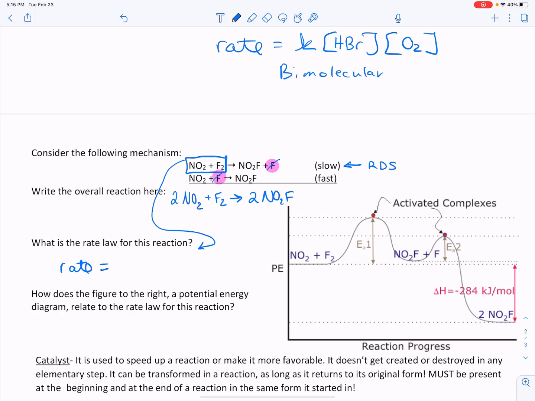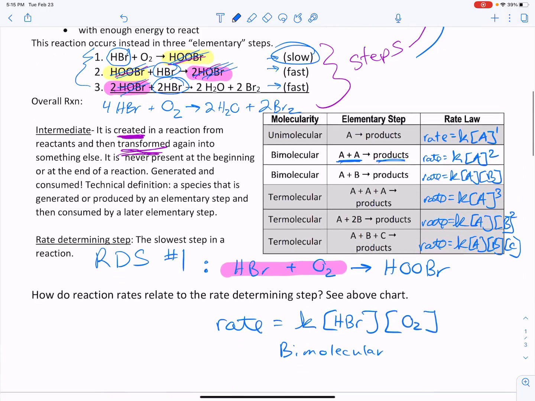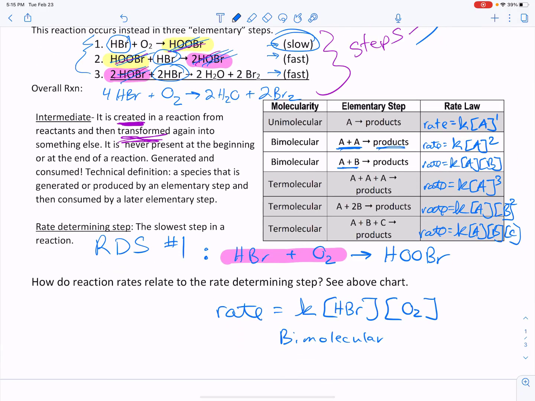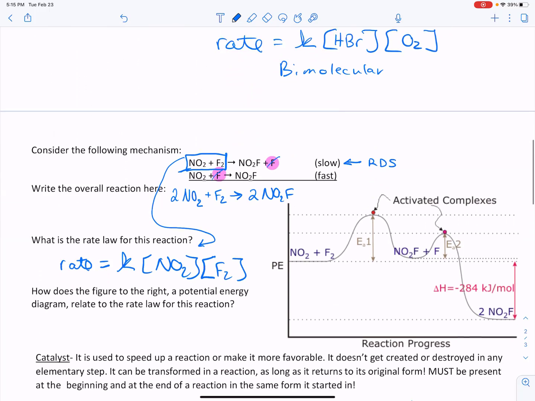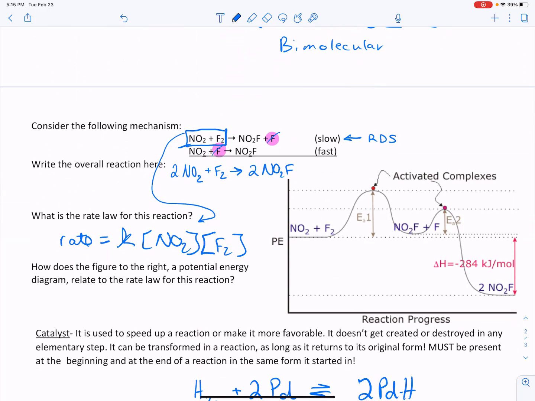So your rate equals your K times [NO2] to the first, because it has a coefficient of 1, times [F2] to the first as well. And so if we look back at what kind of molecularity it has, it's going to be bimolecular. And so it's a bimolecular rate. All right, so that is kind of how you do it.